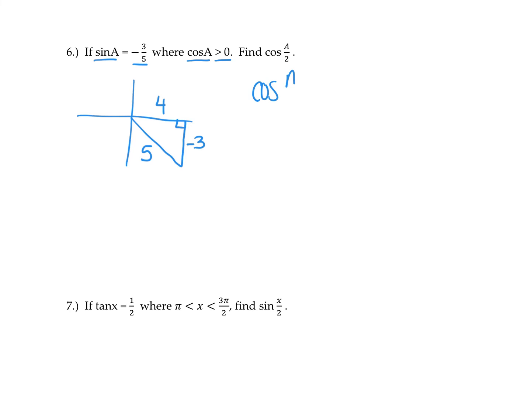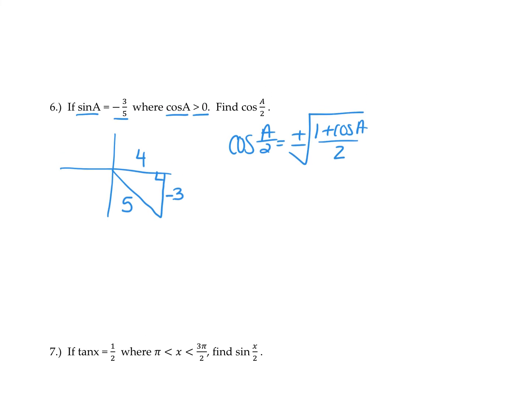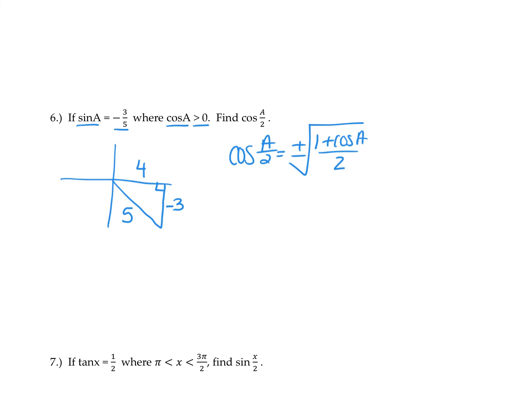Now, to find the cosine of A over 2, I would do plus or minus the square root of 1 plus cosine A over 2. To figure out if this is positive or negative, I need to think about where the half angle would fall. A right now is falling in quadrant 4, which is between 270 and 360.